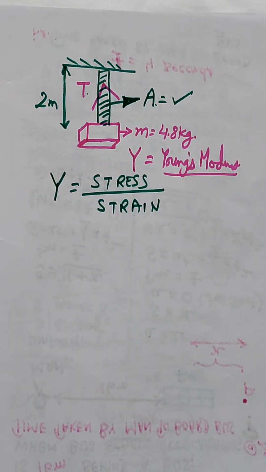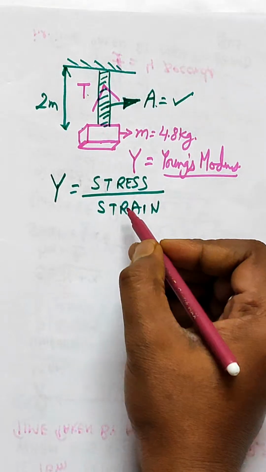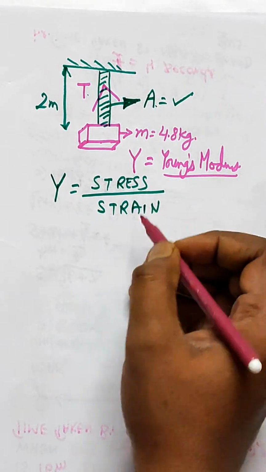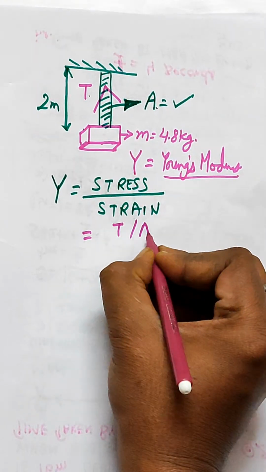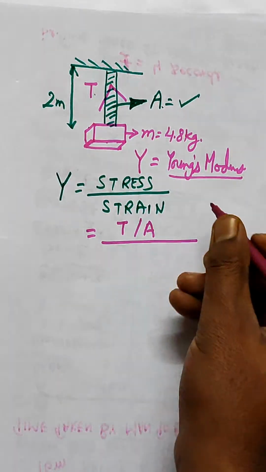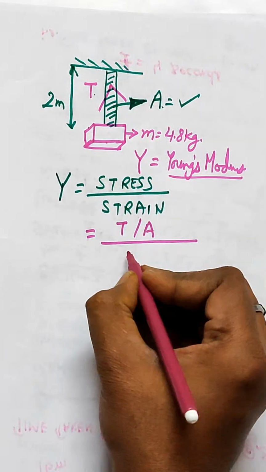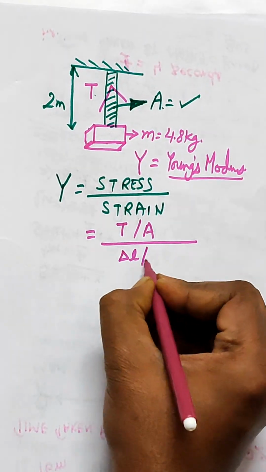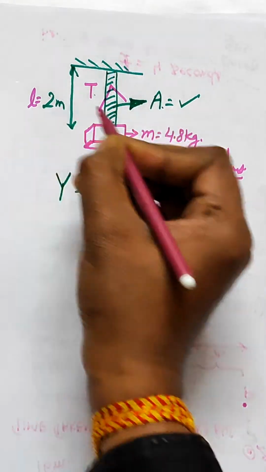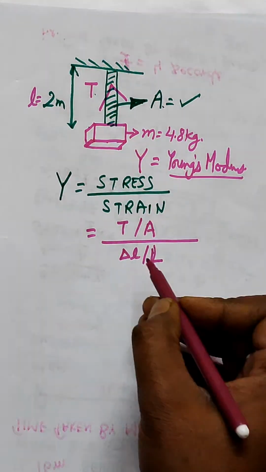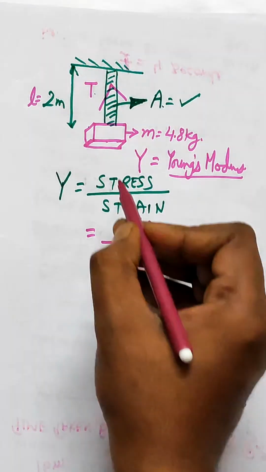Now, what we will do? Stress by strain. Stress will be equal to T by A, right? And strain will be equal to delta L by L, where L is given as 2 meter and delta L is the elongation.